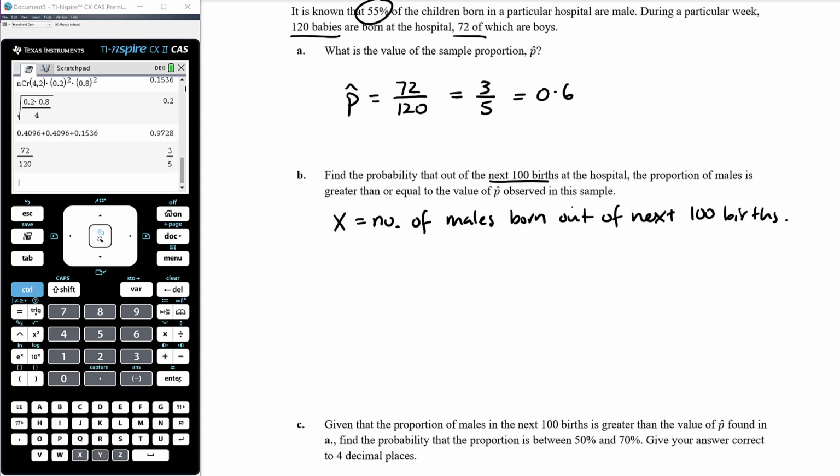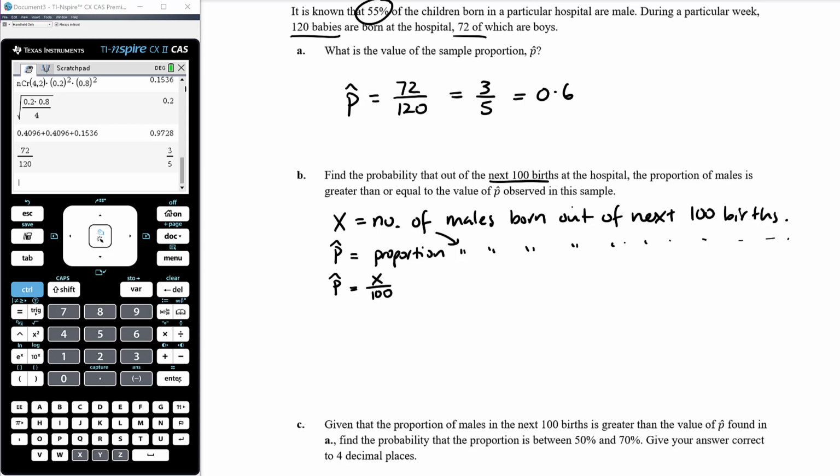P hat is the proportion of males born out of the next 100 births, so that could be anything from 0 to 1, where we know that p hat is x divided by 100.